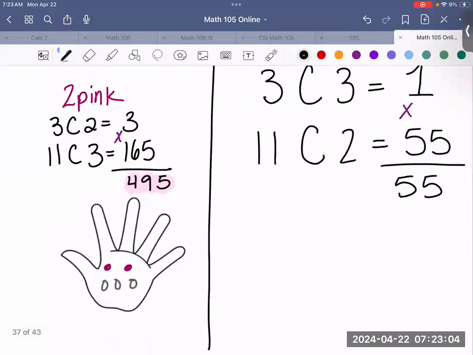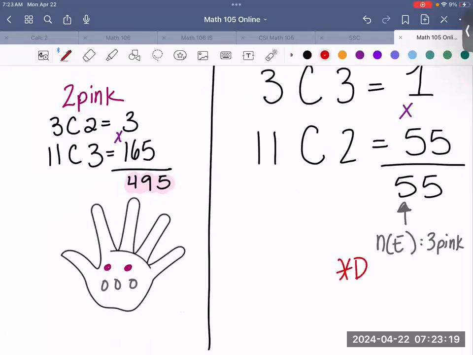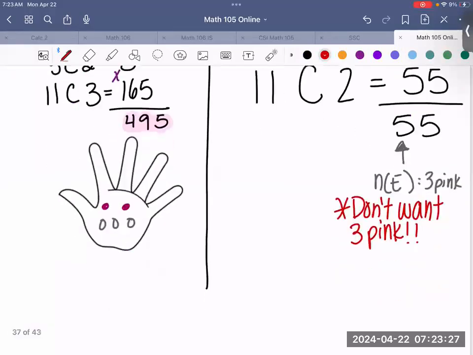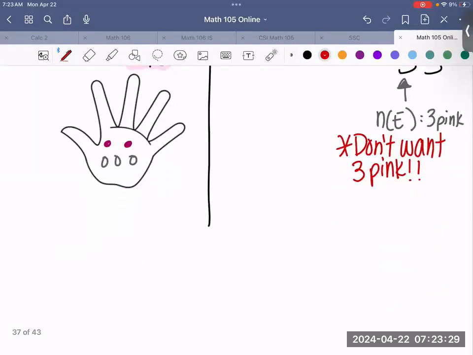Now, this is the event that we don't want to happen. This is the event, right? 3 pink. But we don't want 3 pink.